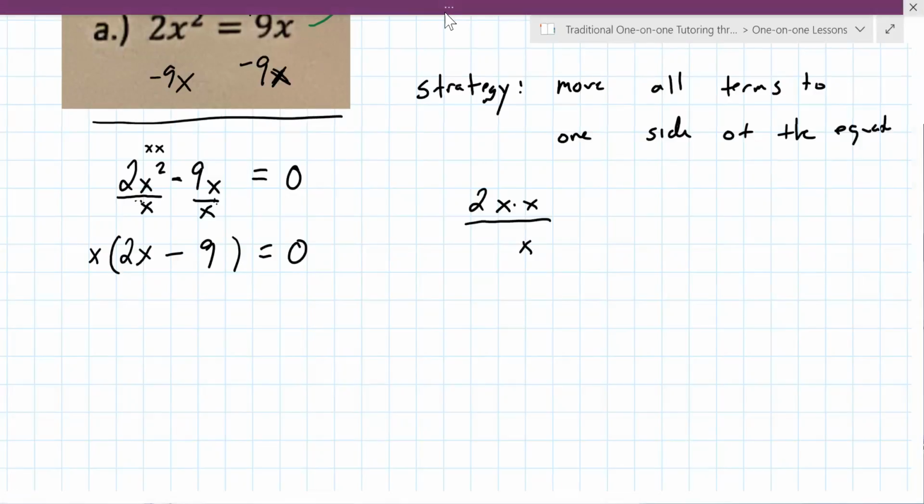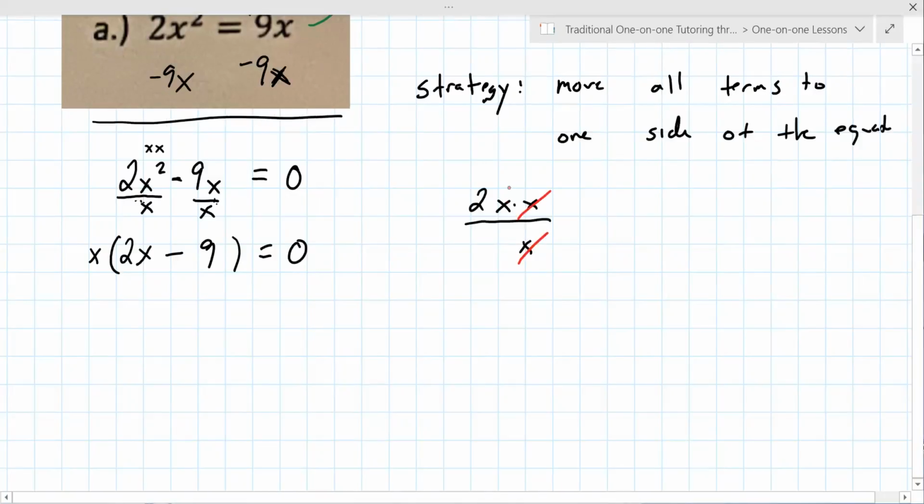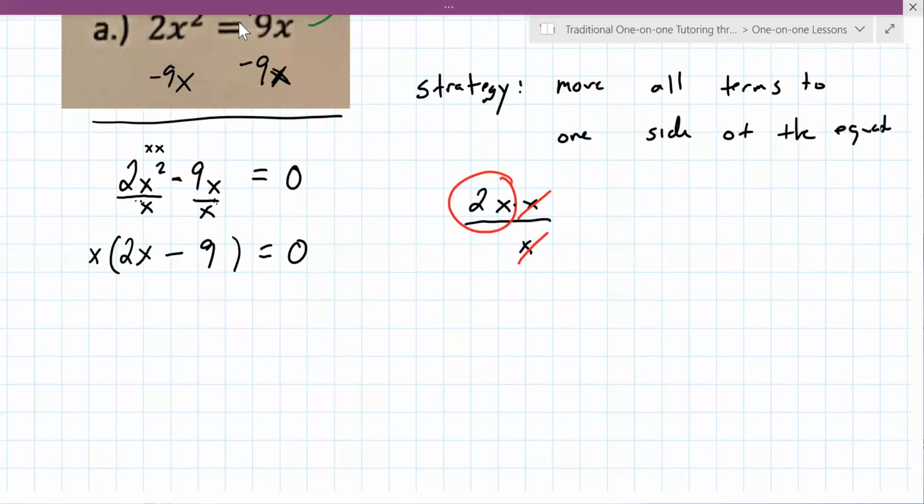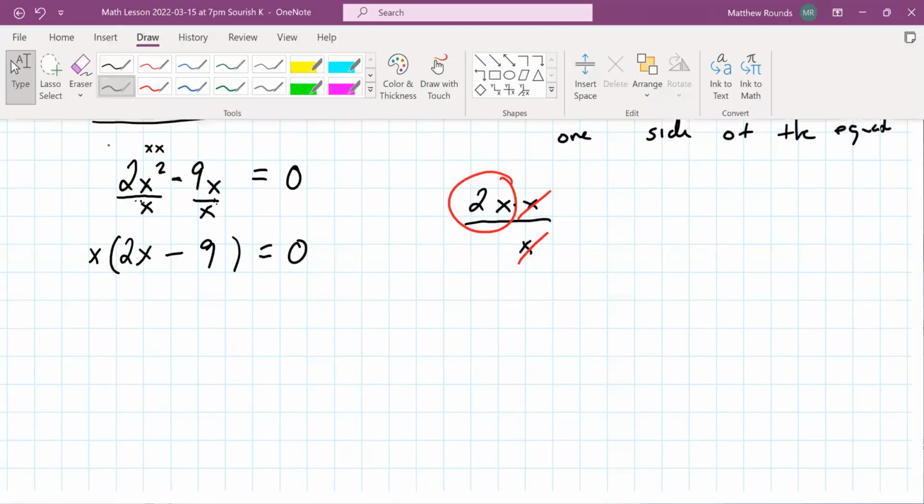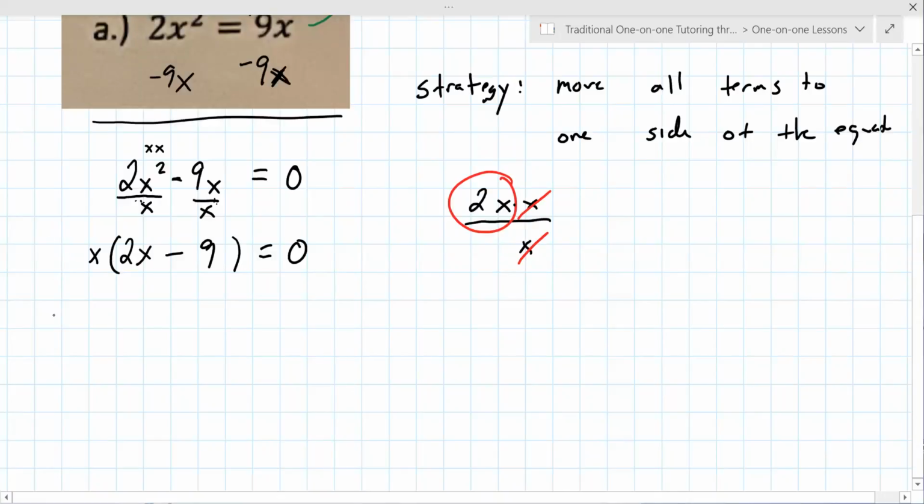Those cancel, leaving you with just the 2x. I wrote it down, Matthew.